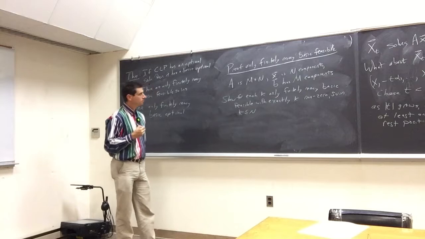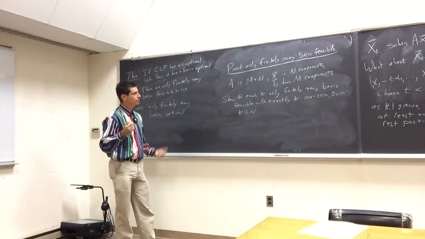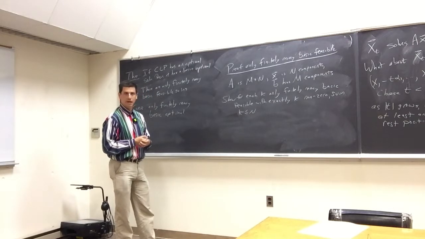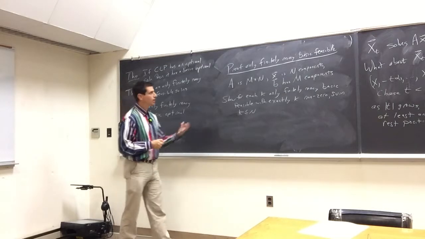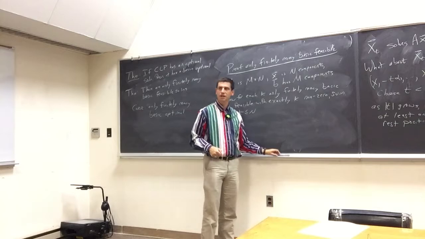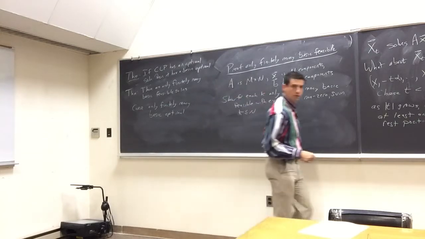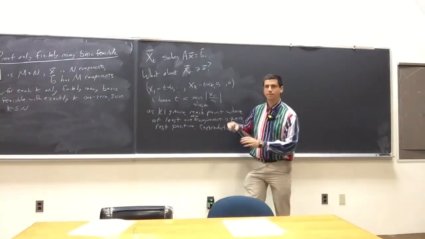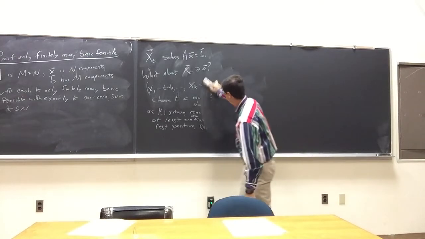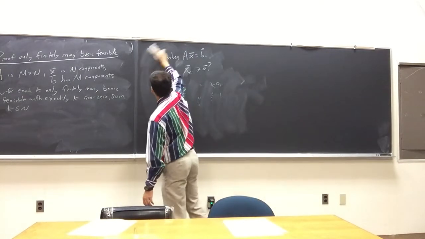Okay? So now what we want to do is just show that for any finite k, there's only finitely many basic feasible solutions. So now, how many candidate columns are there for each k? Let's say we have a specific value of k. Maybe k is 5.